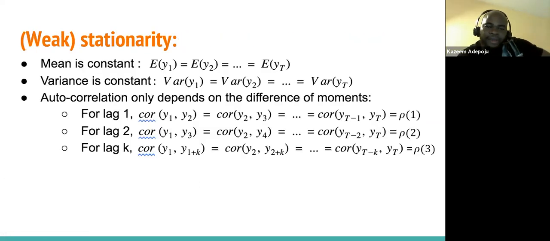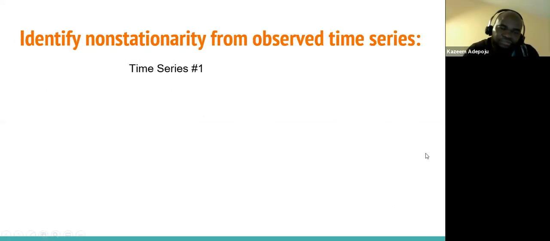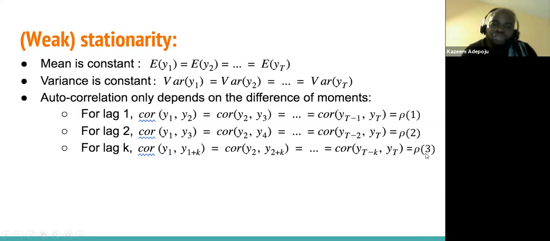Let me tell you why this is 3. Any correlation that goes beyond lag 2, from lag 3 and above, is always going to be the same as rho 3.